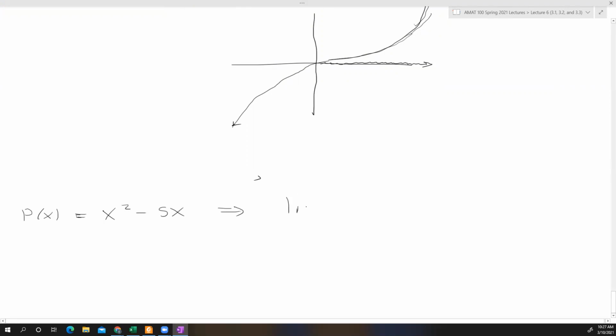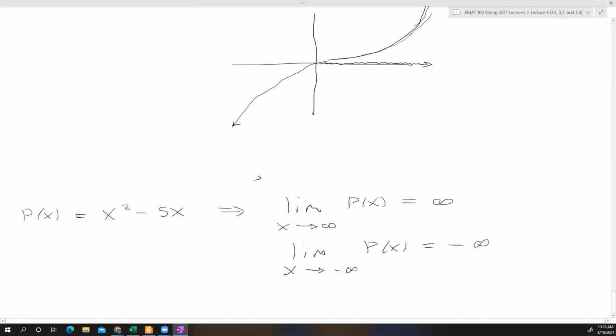Now, according to the table, the leading coefficient is 1, so that means it's positive, and the degree of the polynomial is 2, so it's even. So according to that table I showed you, we should have the following limits. But why is that the case?